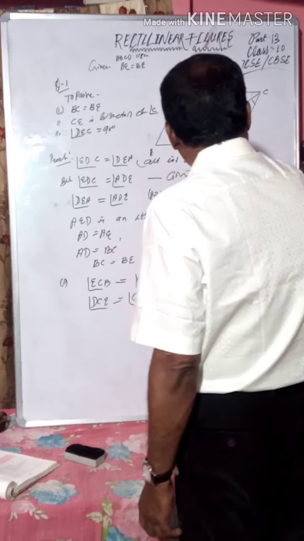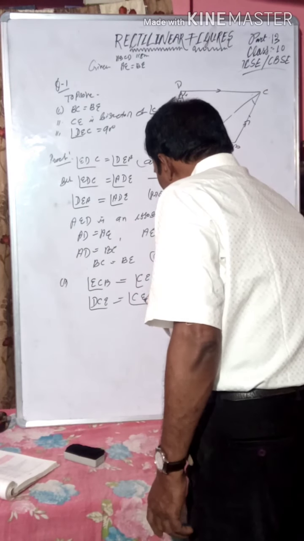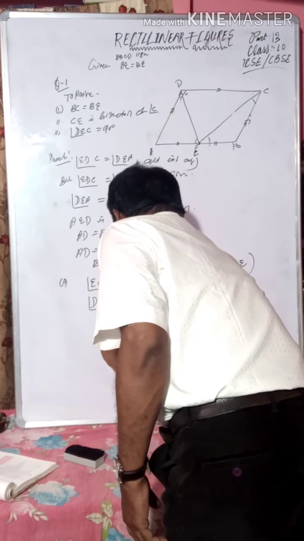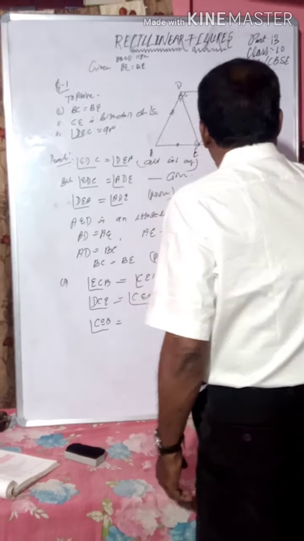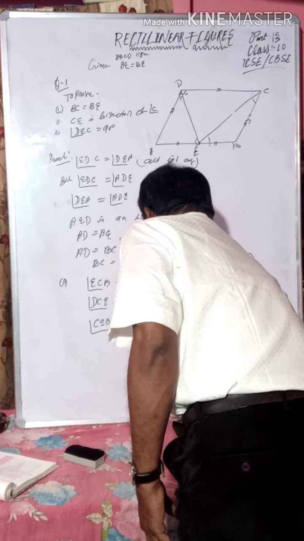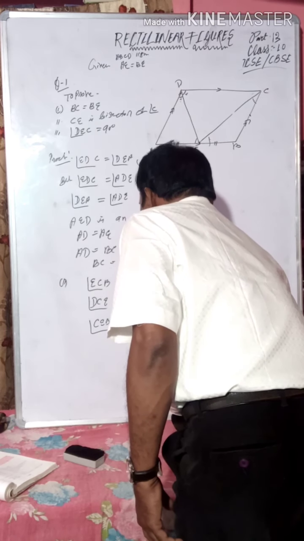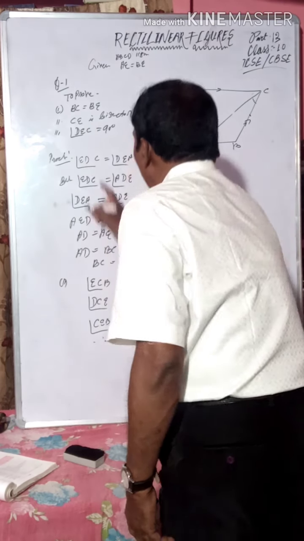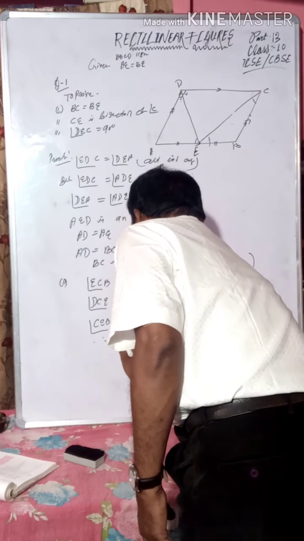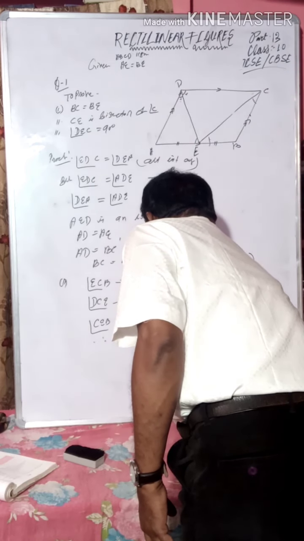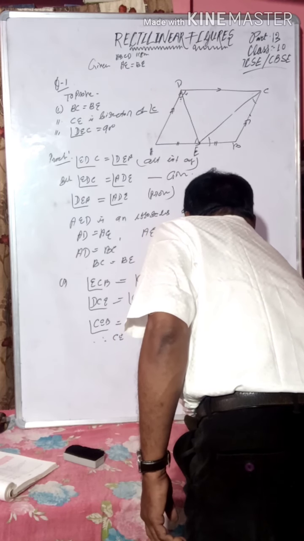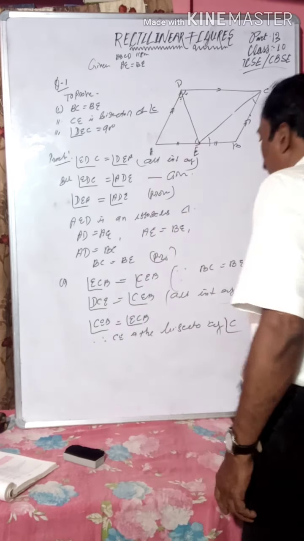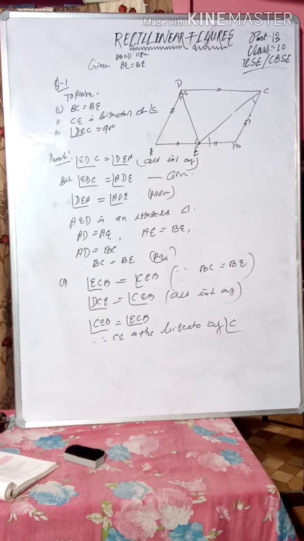So angle BCE, angle CEB is equal to angle ECB. So CE is the bisector of angle C.